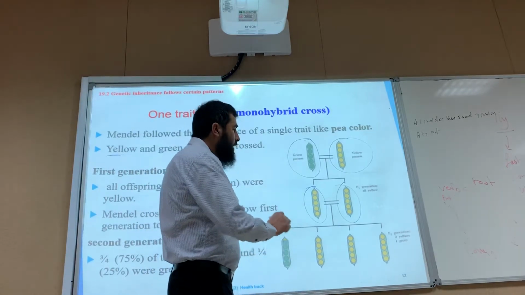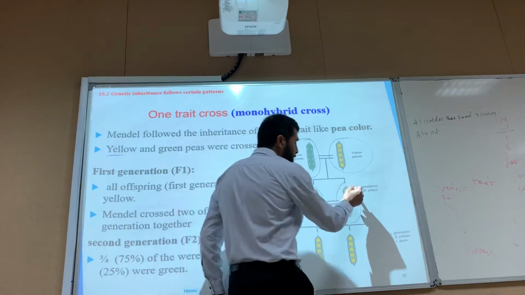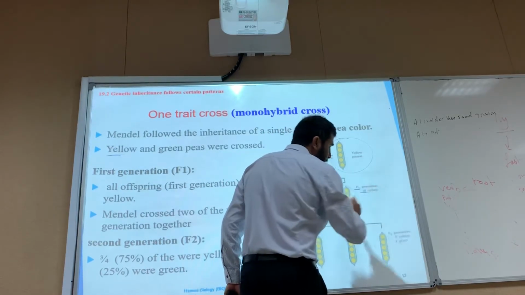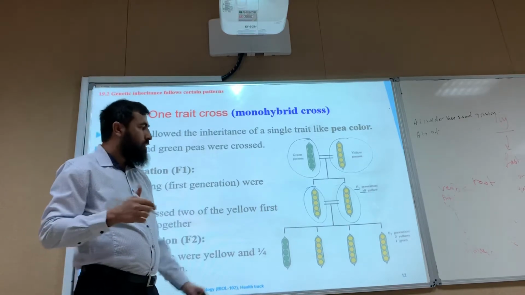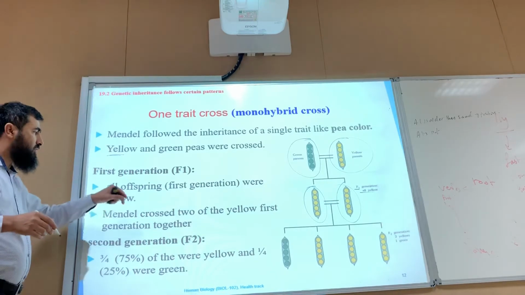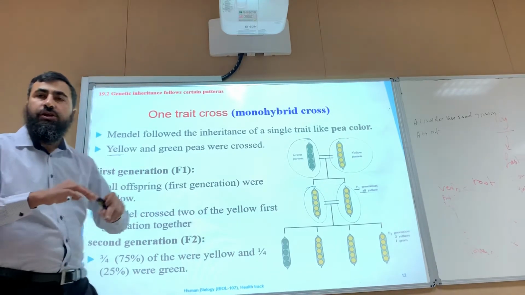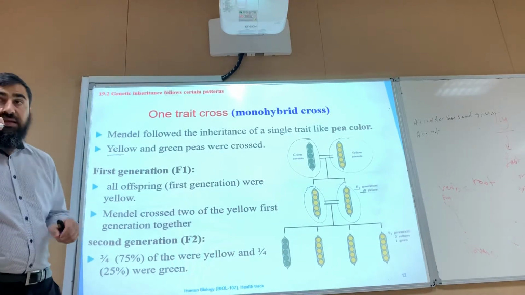So all of the F1, we call it the first generation or filial one. We'll talk about the genotype in the next one, because here he's just establishing dominant and recessive phenotypes. It's based on phenotypes.